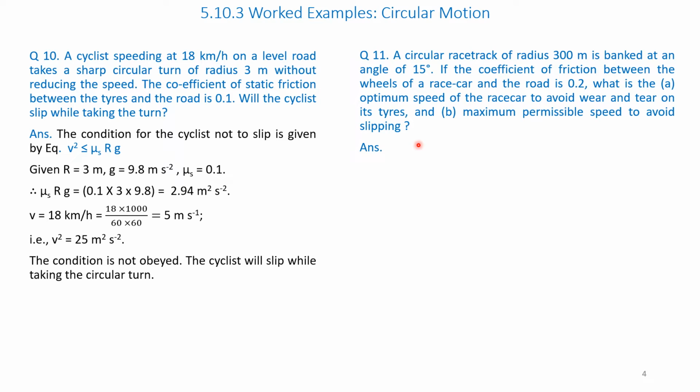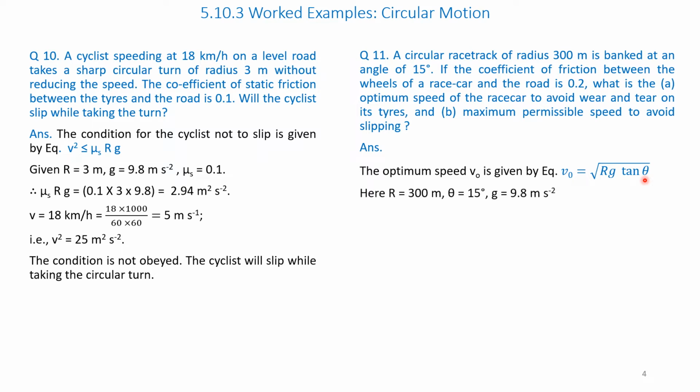The optimum speed v0 is given by v0 = square root of R g tan theta, where v0 is the optimum speed, R is the radius of the circular path, g is the acceleration due to gravity, and theta is the angle of inclination, that is, the banking angle.